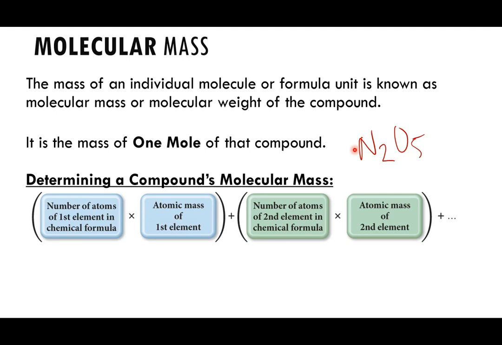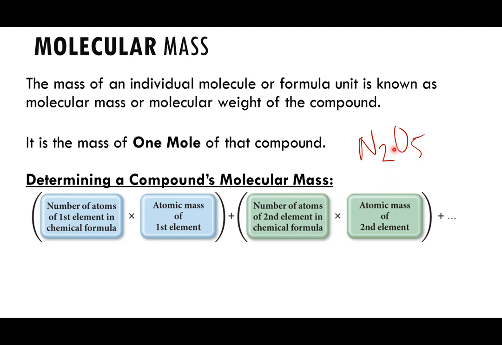So if you don't already have a periodic table in front of you, now would be a really good time to get one. So the atomic mass of nitrogen is roughly 14, so I would take 14 times 2. Then you're going to add that to the next atom. So I'm going to take the number of atoms of the second element. In this case, there's 5. And I'm going to multiply that by the atomic mass of oxygen.